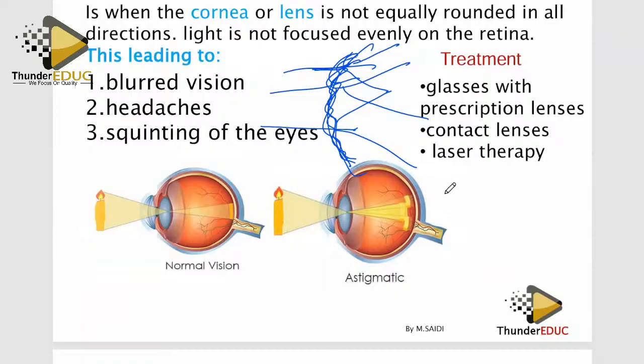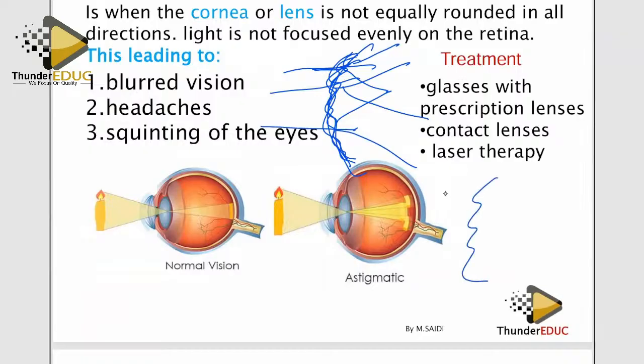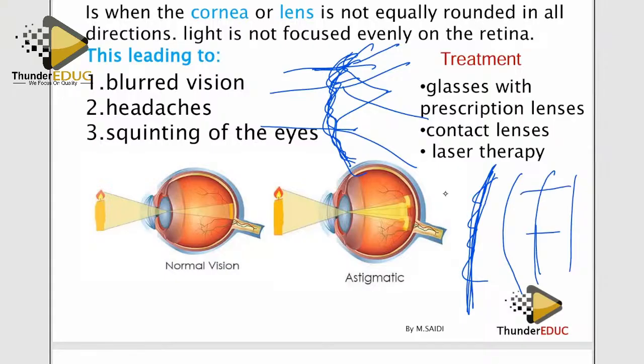Or you can go and they do the laser therapy. What they do is, if your cornea is like that, they cut off this part so that now the cornea is smooth, so that now you're able to see properly.